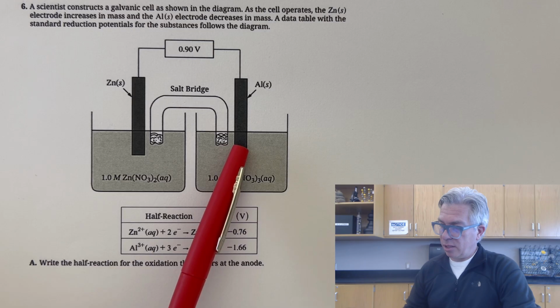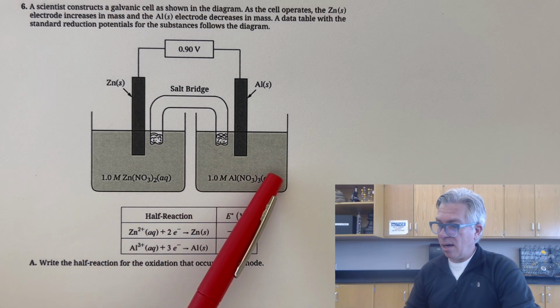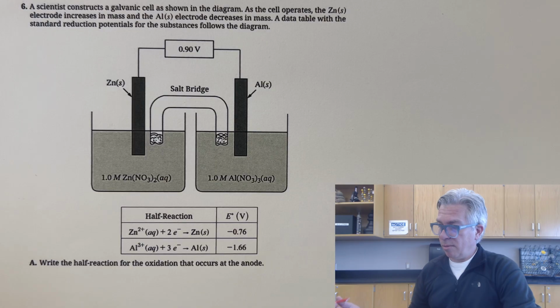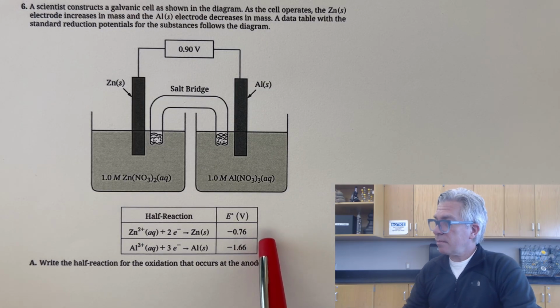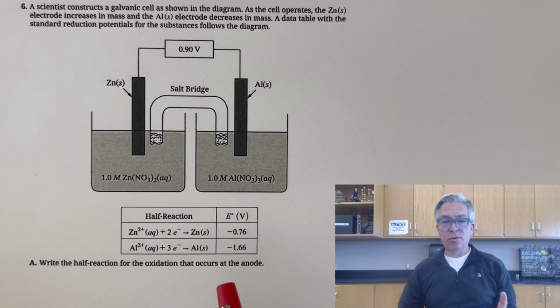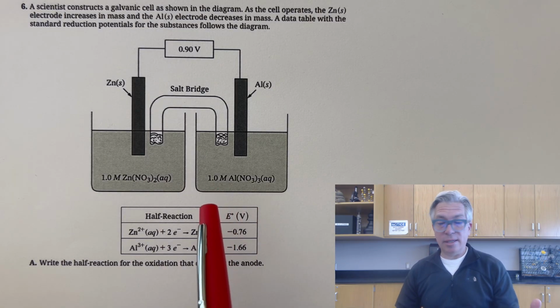And if the aluminum electrode is decreasing in mass, that means the aluminum atoms are becoming aluminum ions off in the rest of the anode. And so the aluminum has to be oxidized. You could also have thought about it mathematically by looking at these 2 values, knowing that these 2 have to add up to a positive overall cell potential if this thing is a spontaneous cell, which it is.